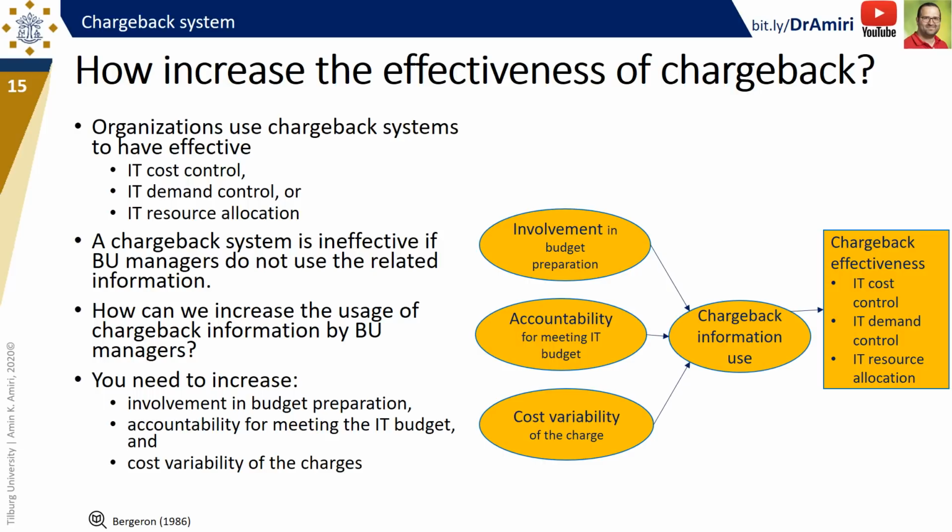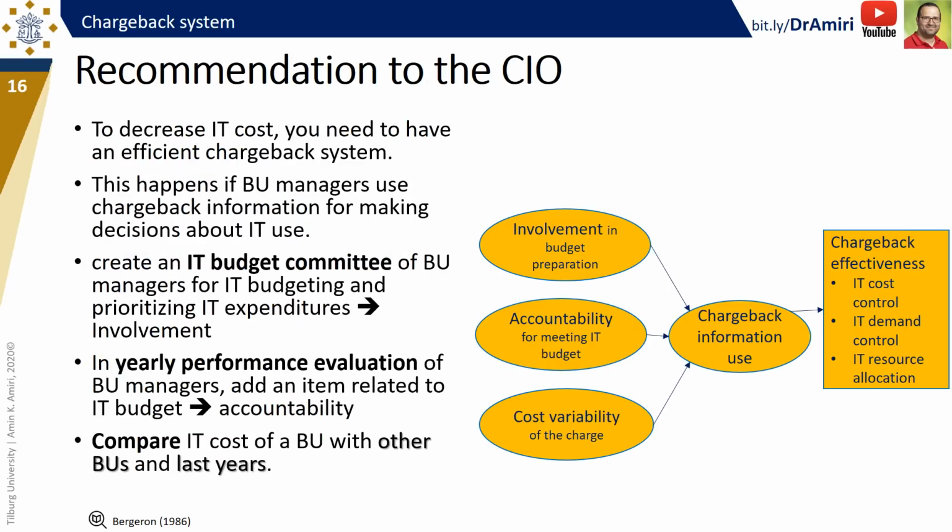And you also need to show these managers that the cost can change as a result of their decisions. So if you increase these three antecedents, you will increase the use of chargeback information, and as a result, you can control the cost and demand for IT.